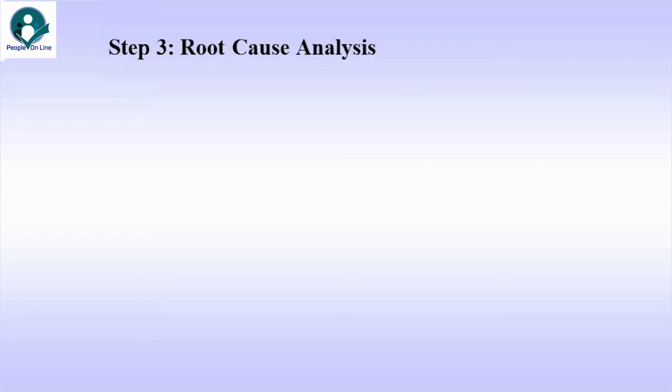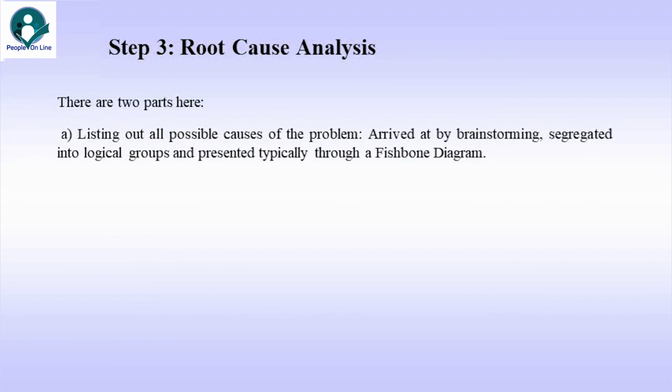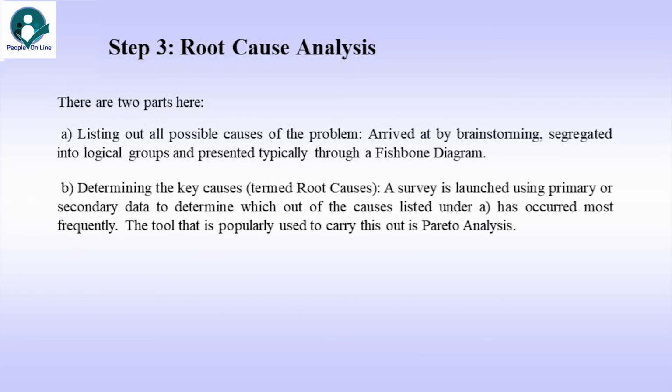Step 3, root cause analysis. There are 2 parts here. A, listing out all possible causes of the problem. This is arrived at by brainstorming, and subsequently the possible causes are segregated into logical groups and presented typically through a fishbone diagram.